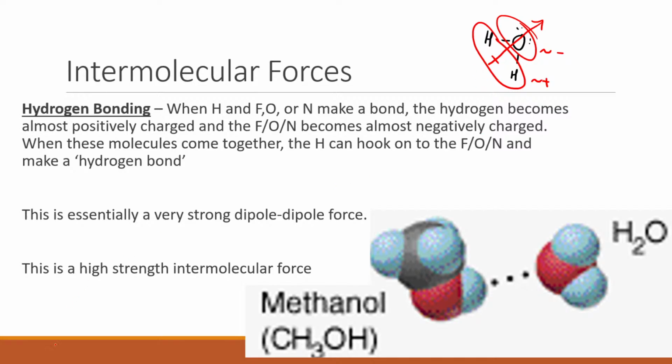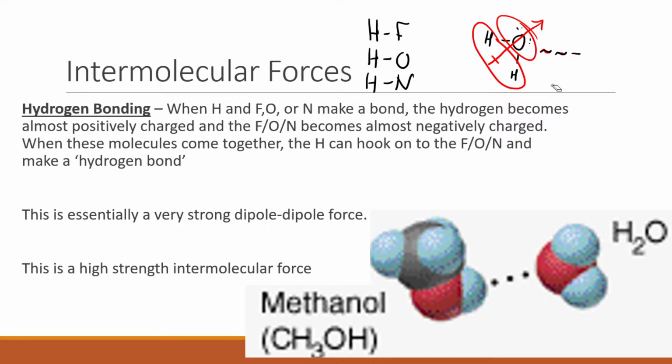But for the three bonds here, H connected to F, H connected to O, and H connected to N, the dipole is the strongest. There is nothing stronger than this dipole, or these three dipoles, I should say. This sort of negative is stronger when it's oxygen and hydrogen involved.